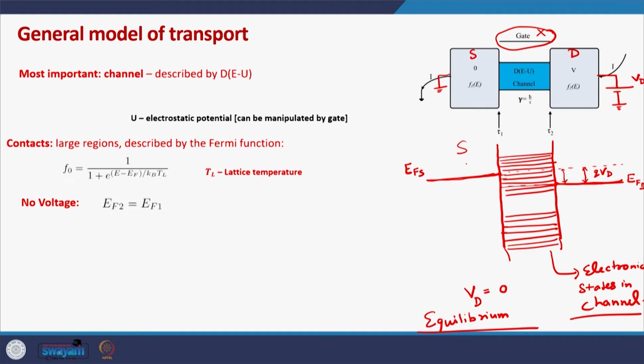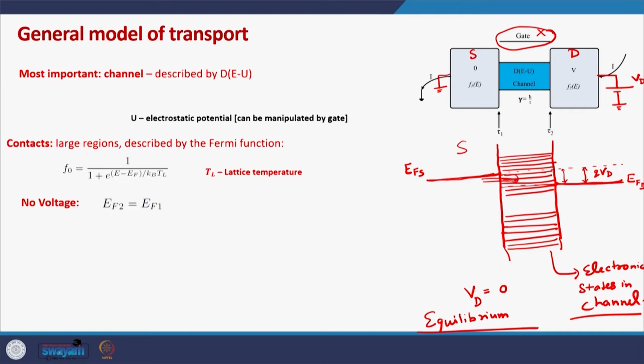So, essentially EFS is trying to fill all electronic states up to this point, EFD is trying to fill all electronic states up to this point, and it will try to empty all the electronic states above EFD. That will essentially create a flow of electrons from EFS to EFD.